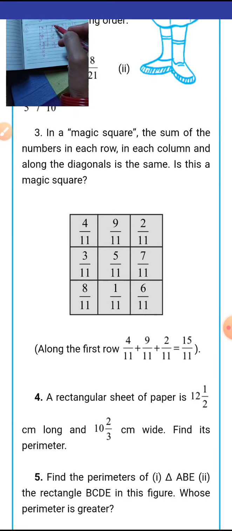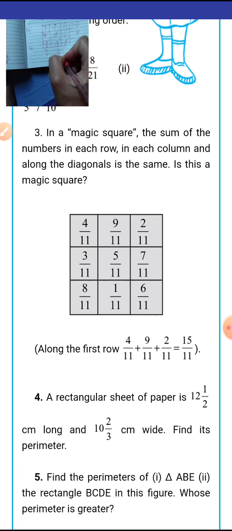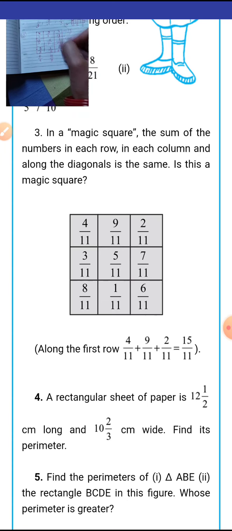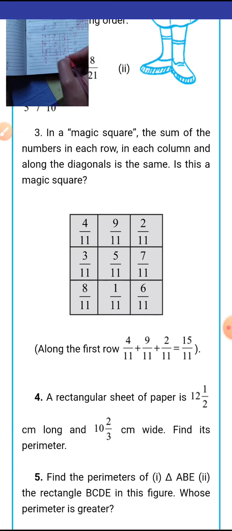Next column is 9, 5, 1, and their sum is 9 plus 1 is 10, 10 plus 5 is 15, again 15. Our third column is 2, 7, 6, and the sum of the third column is also 15.